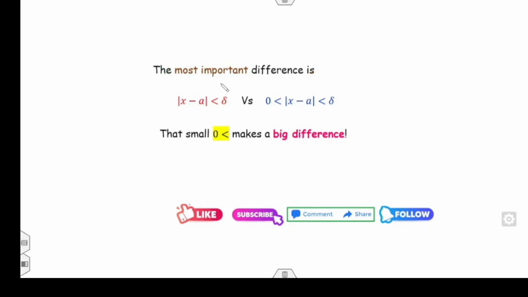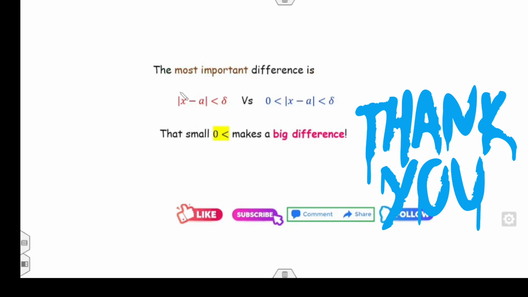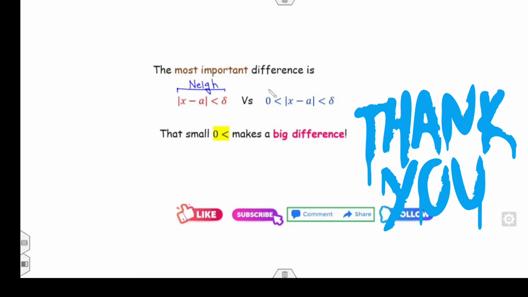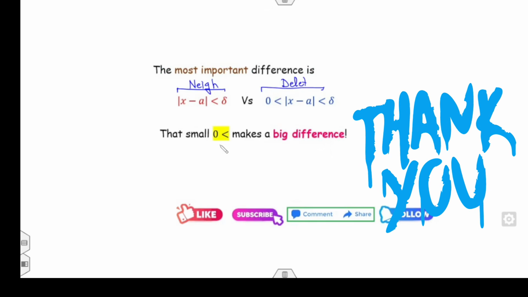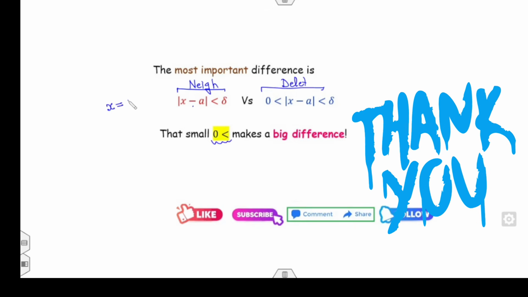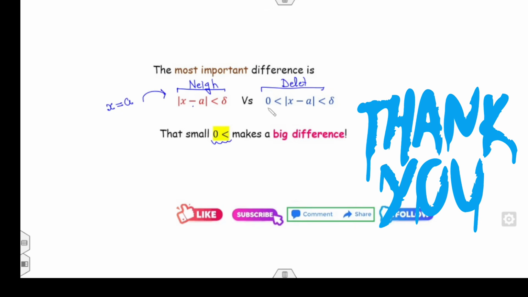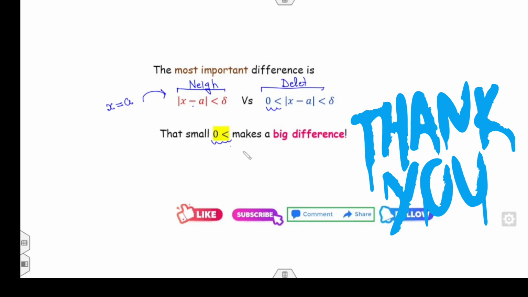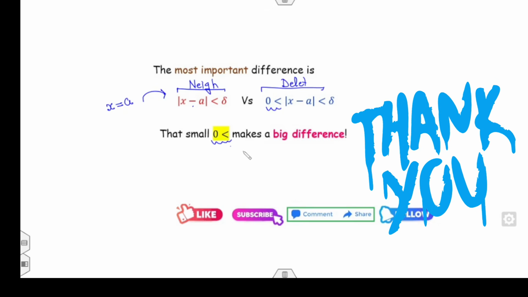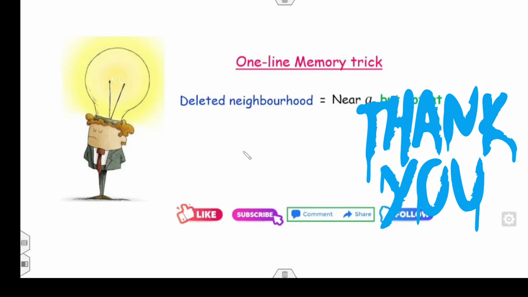Clear? So make sure, students, the left hand side is a part of the neighborhood, fine, and the right hand side is a part of the deleted neighborhood, and make sure 0 is less than |x minus a|. In this case x may be equal to a, while in the deleted neighborhood 0 less than |x minus a| is the big difference between the neighborhood and the deleted neighborhood. So I hope you found the concept easy.